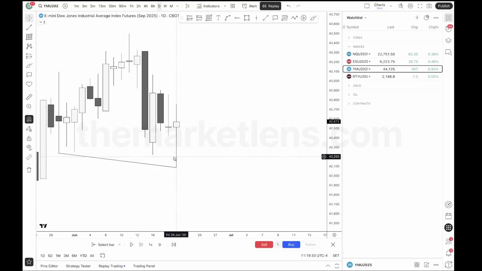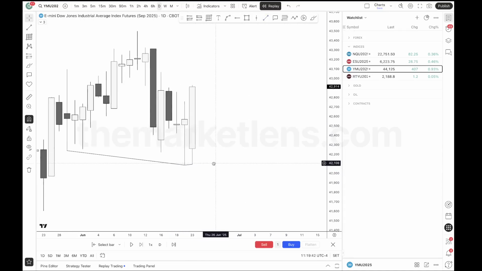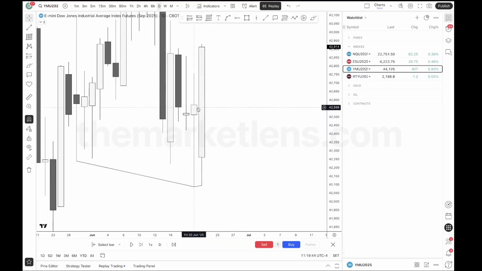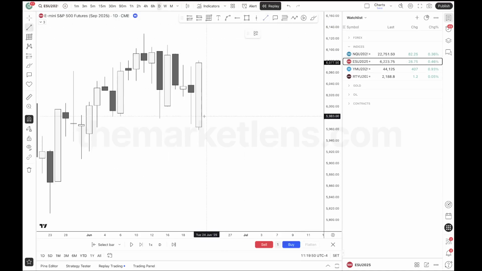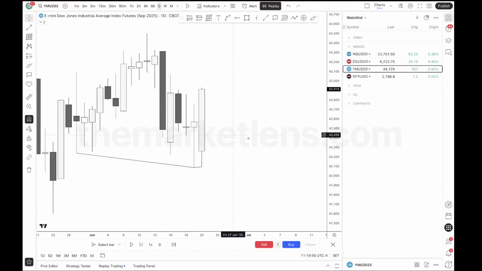So if the previous day reversed, then what should Monday do? It should expand, right? And that expansion, that gap lower, actually creates a two-stage SMT strength switch, right? We already know the strength switch basically happened with the previous day, but now you see it here, where NQ and ES are taking out that previous day's low. So this happened really early on in the day, right?